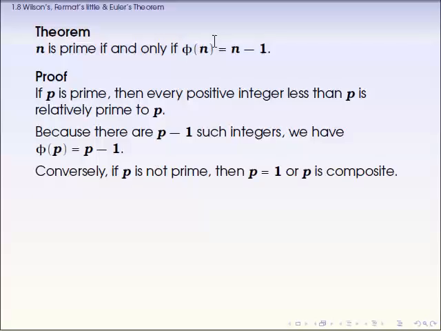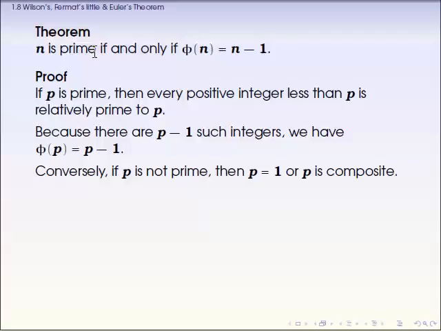Then if we want to prove if phi of n is n minus 1, then n must be a prime. So listen carefully. We want to prove with this condition we got that. But instead, we want to prove the contrapositive of that statement.